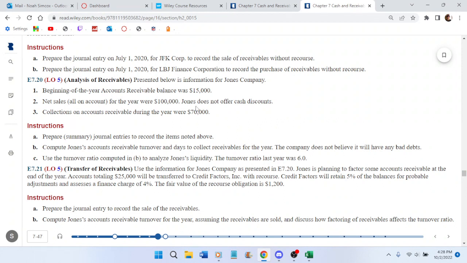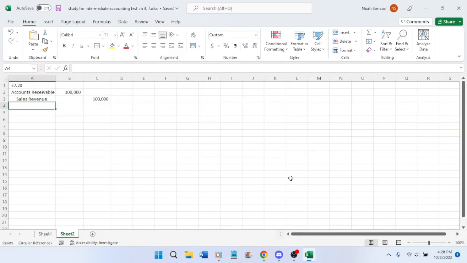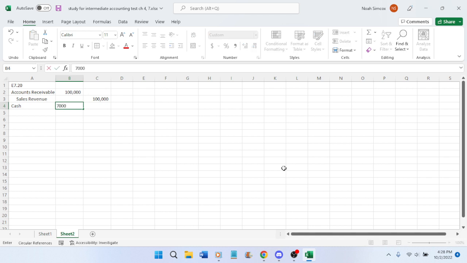Collections on accounts receivable. So, you collected $70,000. Oh, wait. So they collected this much of accounts receivable.